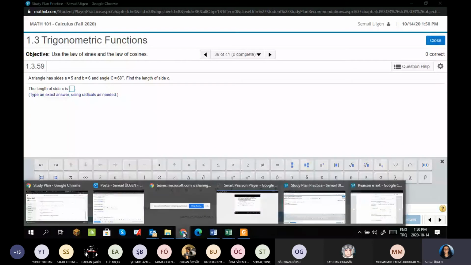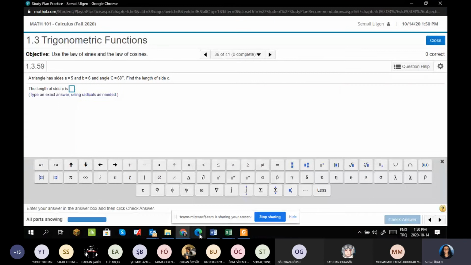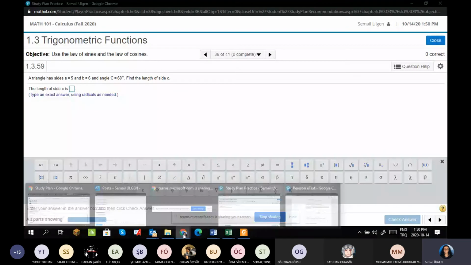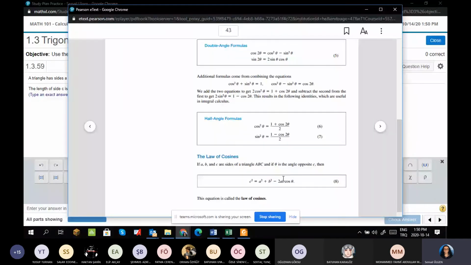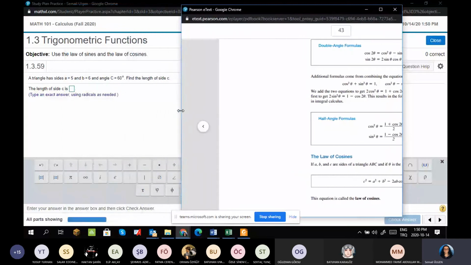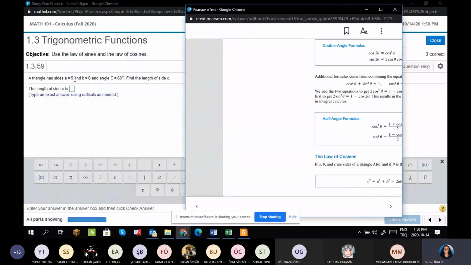Where's the formula? Here, maybe. Not that. Let's close that. Okay, you're going to just put in the values, okay? We can maybe do it without pen and paper. Let's see. A squared is 25, B squared is 36. If you add them up, what do you get? 25 plus 36 is 61.